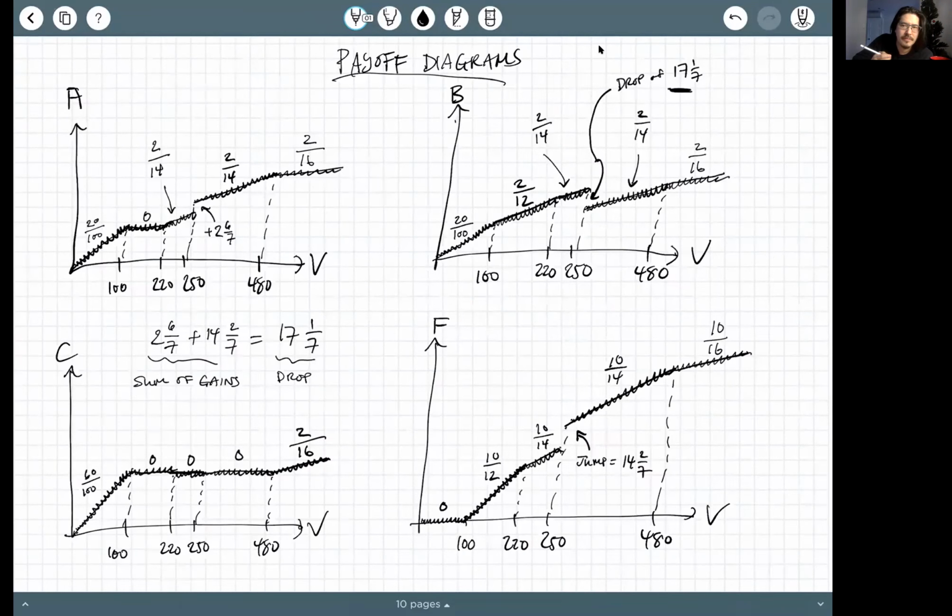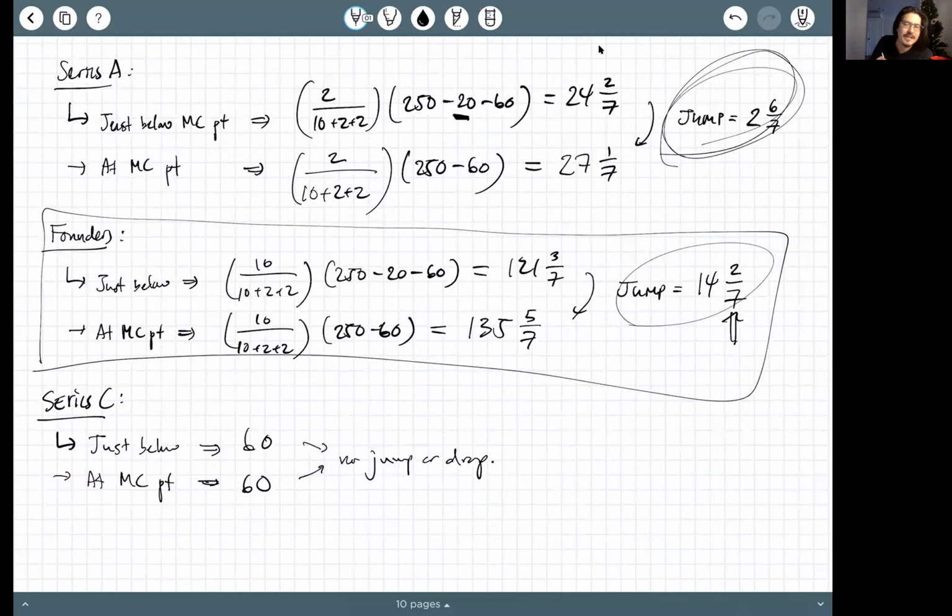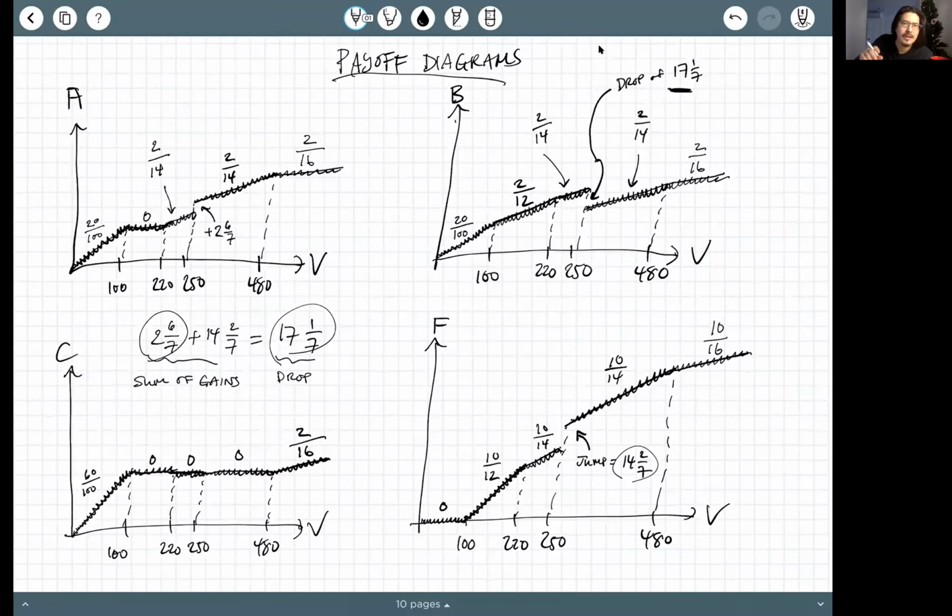Sound good? Right, so the moment you knew 17 and 1/7 and you knew 2 and 6/7, you could have subtracted the two numbers and that would have given you this 14 and 2/7, which you could have just used, again allowing you to bypass this set of calculations. Absolutely, because you know that the sum of the jumps and the drops is always equal to 0. Any other questions about this?